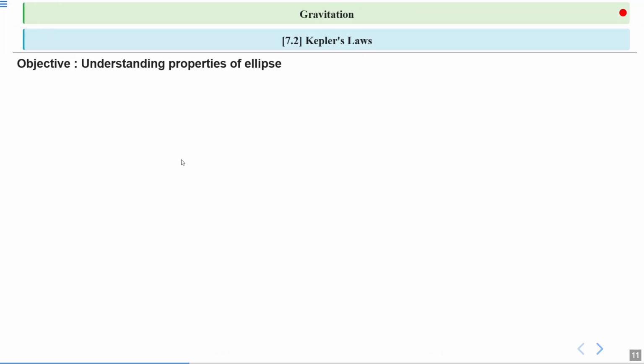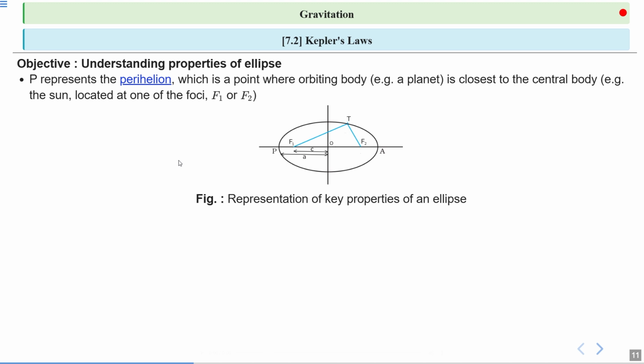Now P represents the perihelion, which is the point where the orbiting body, for example a planet, is closest to the central body. So focus on perihelion, this one, marked as P on the figure.